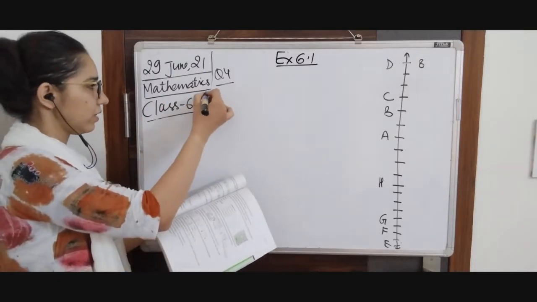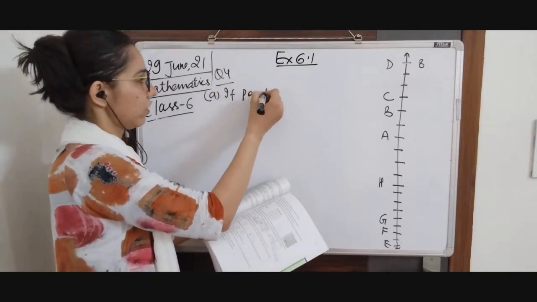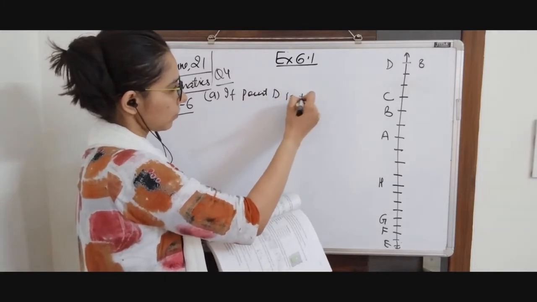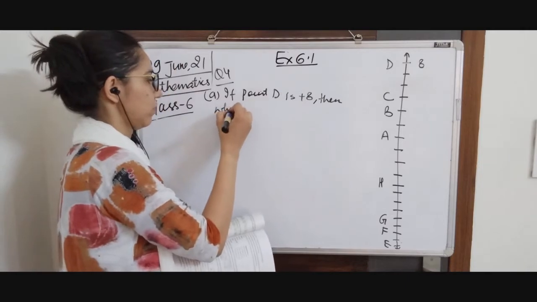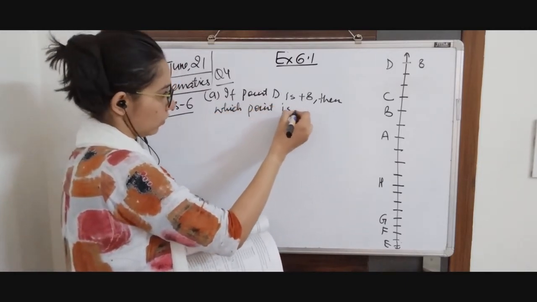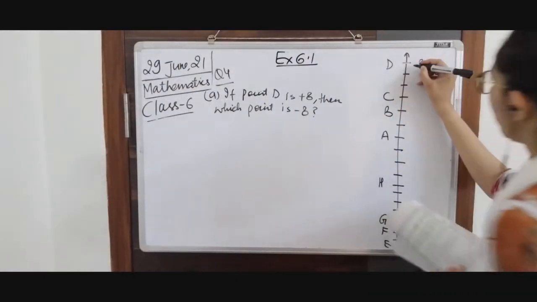points. So in A we have to locate: if point D is +8, then which point is -8? So this is your +8.